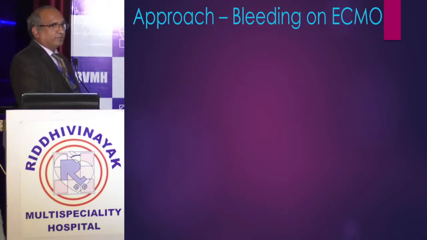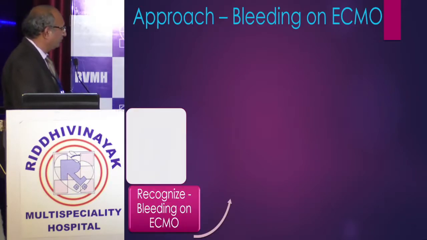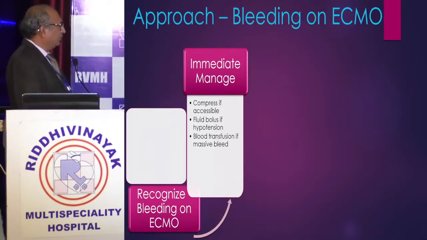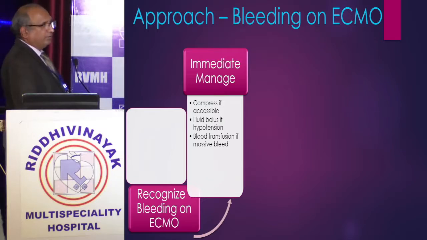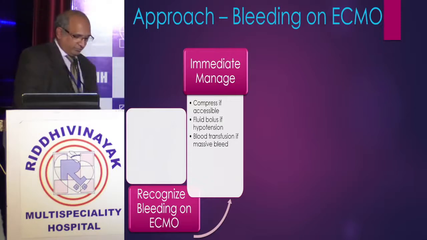The next thing that staff comes to you with is that there is bleeding in the patient on ECMO. So if there is bleeding, if it is compressible, compress and control it. If it is a massive bleed, give fluid boluses. If there is bleeding with hypotension, give a fluid bolus, and blood transfusion if there is a massive bleed.